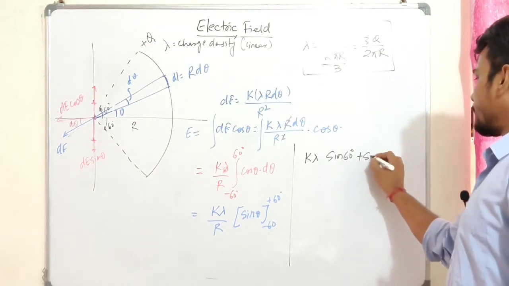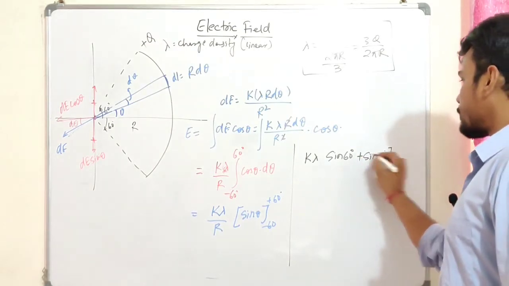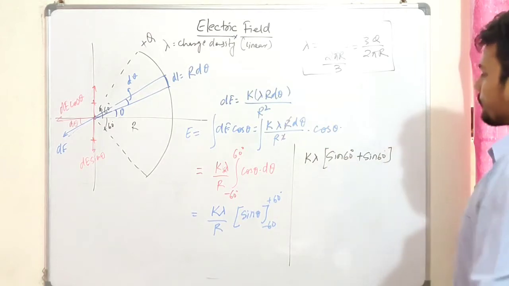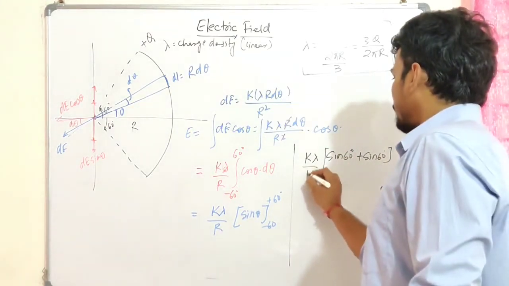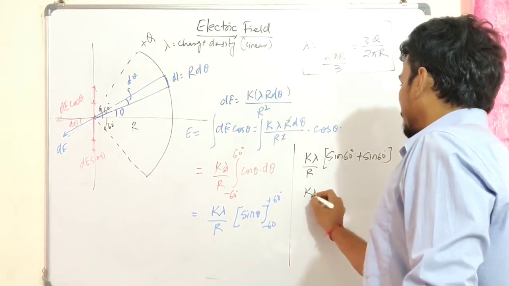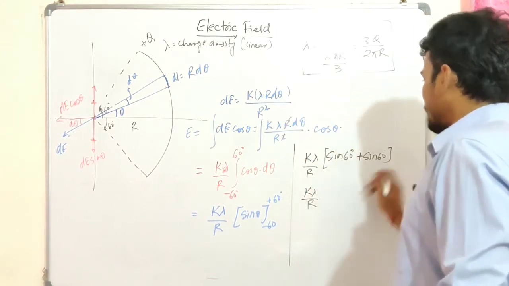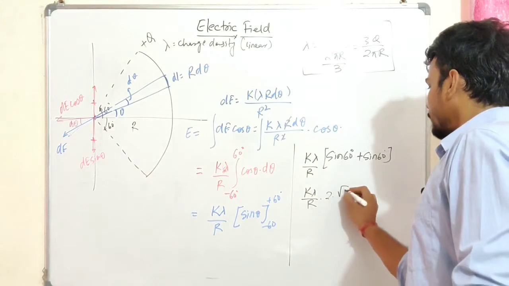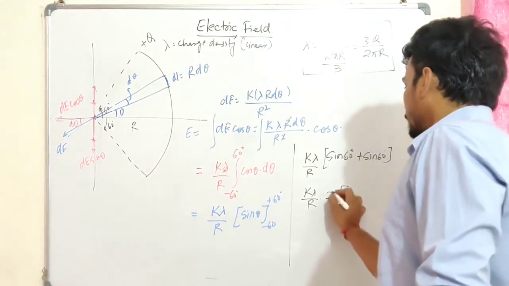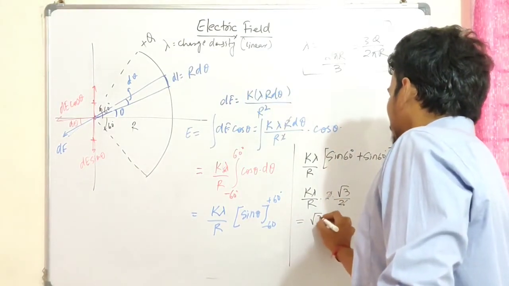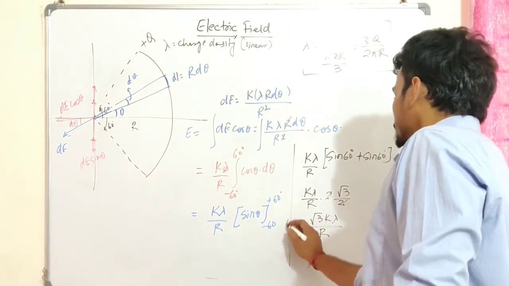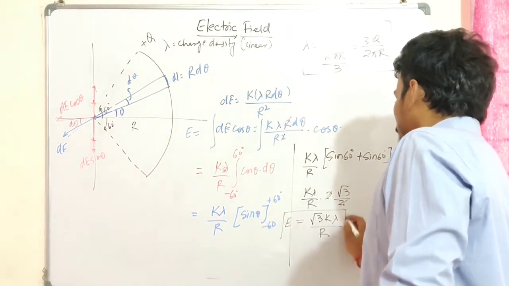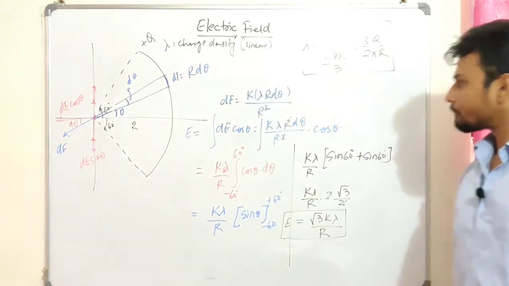So that should be sine 60 degrees itself minus of minus sine theta, that's going to be positive sine theta. So I'm going to have, sorry, r, I just missed out. I had k lambda by r times 2 sine 60, that is 2 into root 3 by 2. I'm going to have root 3 k lambda over r. So that is your electric field over here because of this ring.